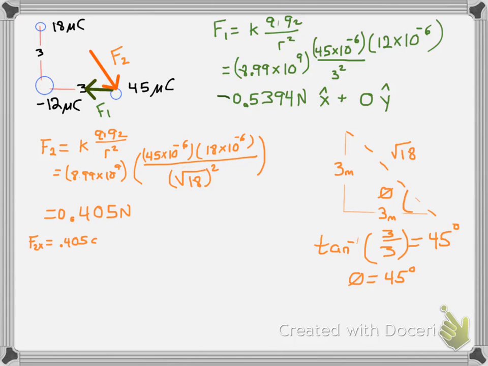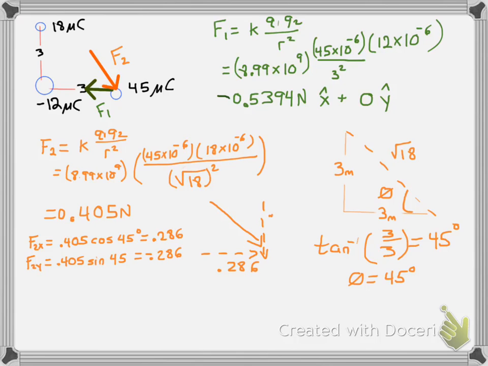So force 2x would simply be 0.405 cosine 45 degrees, which will give us 0.286. That's going to be positive 0.286, since the force is pointing to the right. And the y would be the same thing except sine of 45, which would also give us 0.286, but that one's pointing down, right? Since the vector is pointing that way, the x component is positive and the y component is negative. So put a little negative sign there.